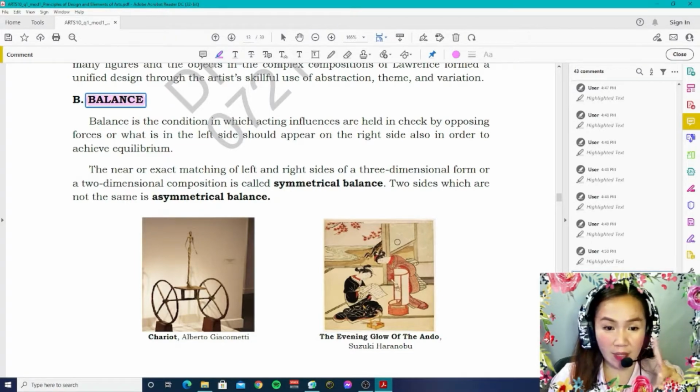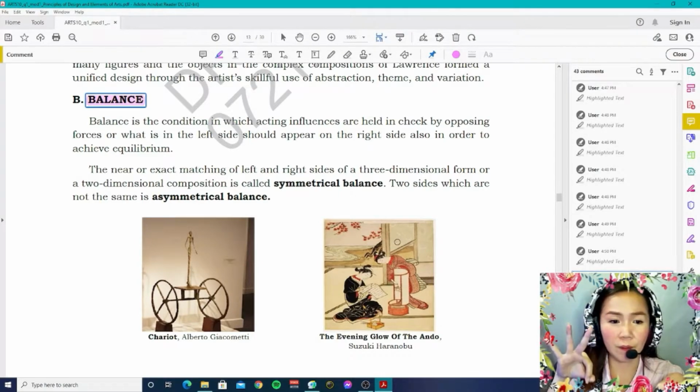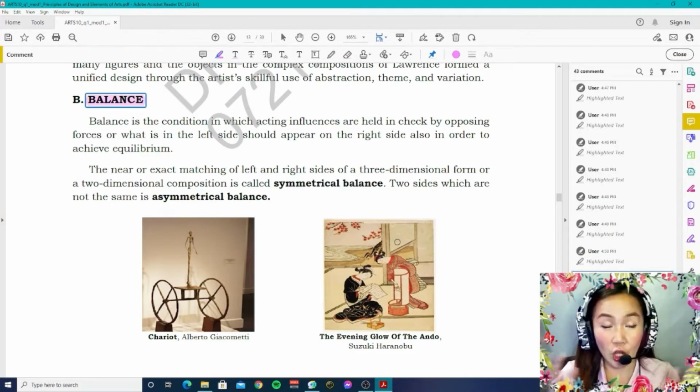The near or exact matching of left and right sides of a three-dimensional form or two-dimensional composition is called symmetrical balance. What I said earlier, that there is the same on the right and on the left, whether it's a painting, which is 2D or two-dimensional because it's on a flat surface, or a sculpture. Whatever is on the right should also be on the left. And that is considered three-dimensional. Okay? A sculpture. That is called symmetrical balance.